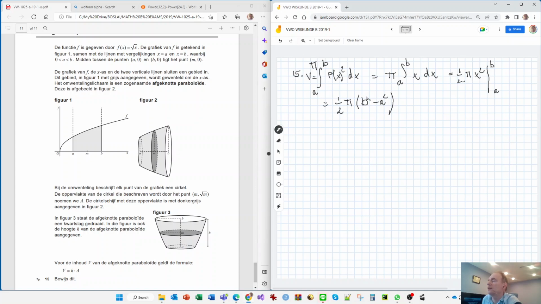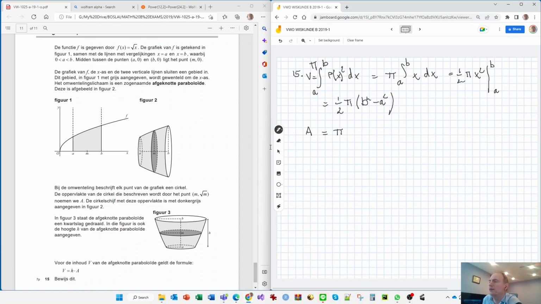Well, what is A? A is the area of that circle, and that area is pi times basically the value of the function at m, so it's square root of m squared.